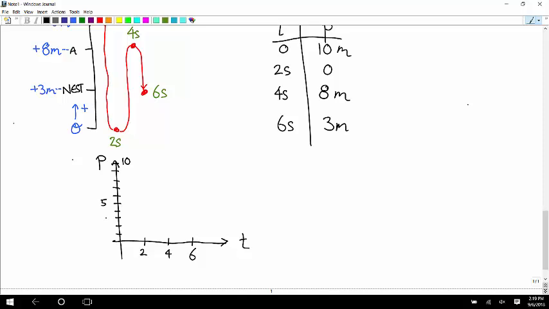This is 5. This is 3. This is 8. So the points are (0, 10), (2, 0), (4, 8), and (6, 3).